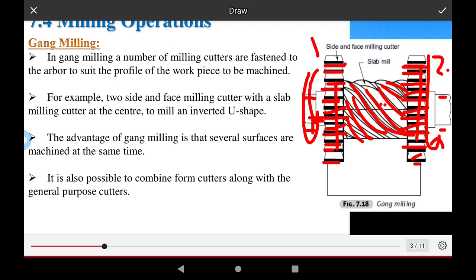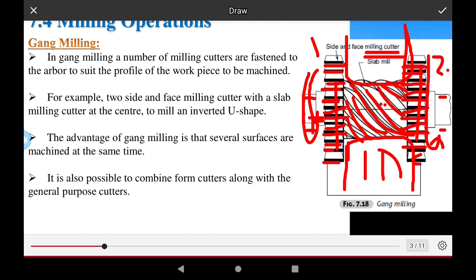One is the upper U shape and the other is the lower U shape, performing the gang milling operation.